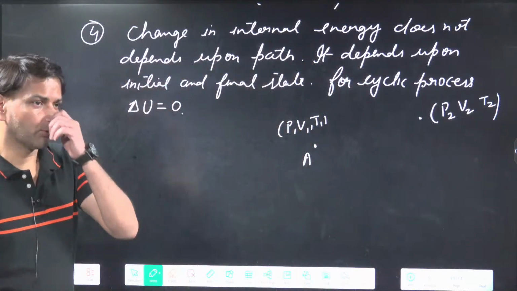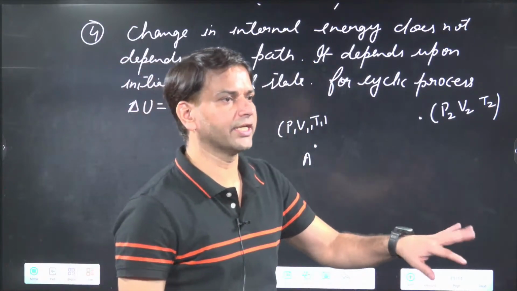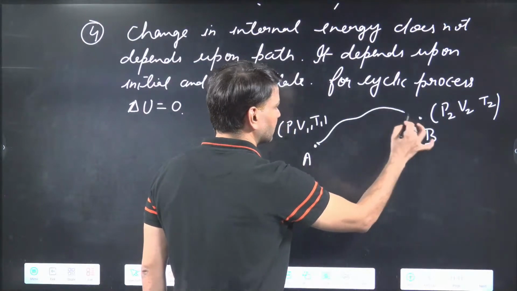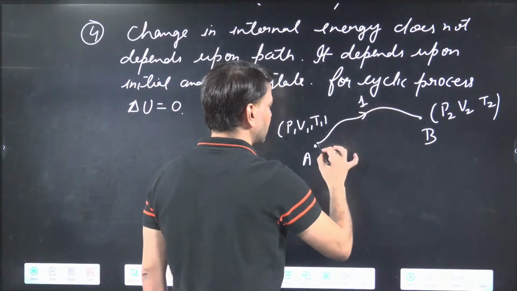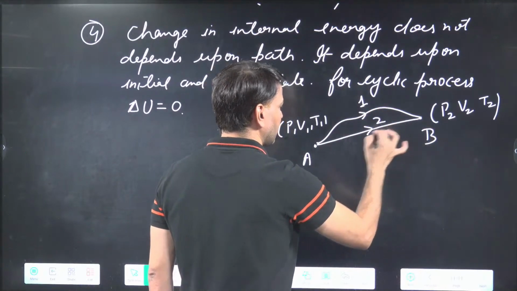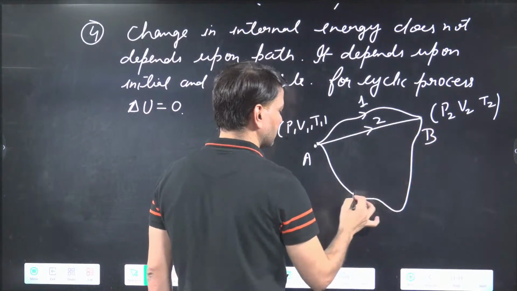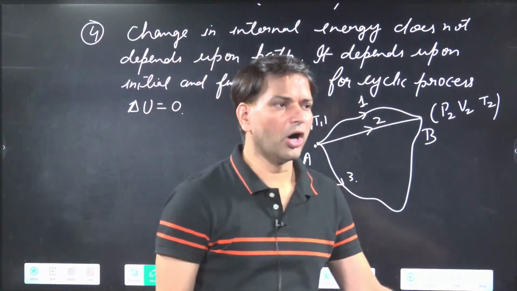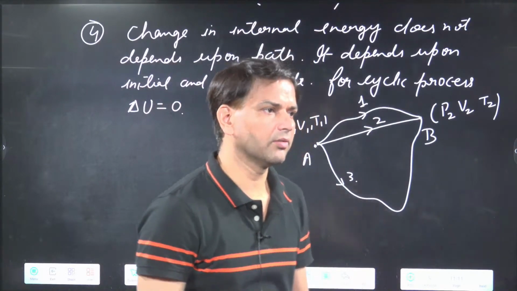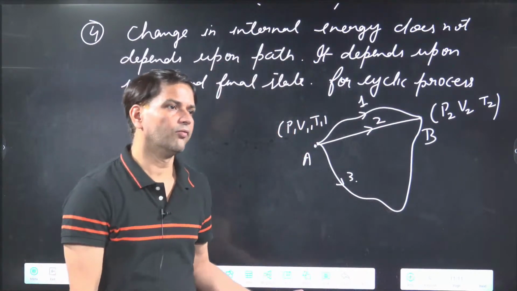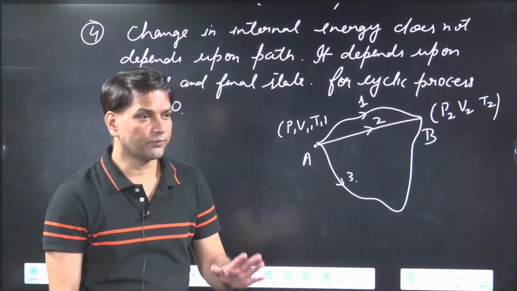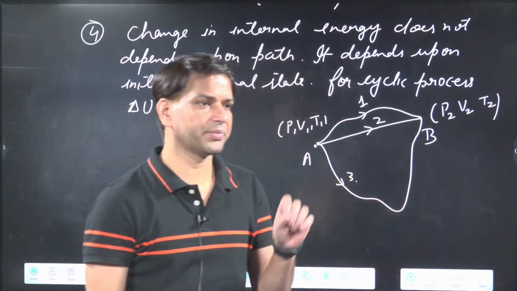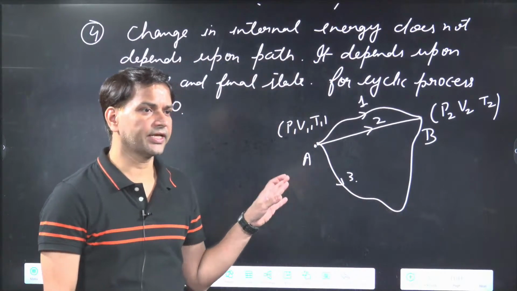Suppose the gas is taken from state A to state B by different paths, path 1, path 2, and path 3. For all the paths, heat will be different, work will be different, but for all of them the initial state is A and the final state is B.